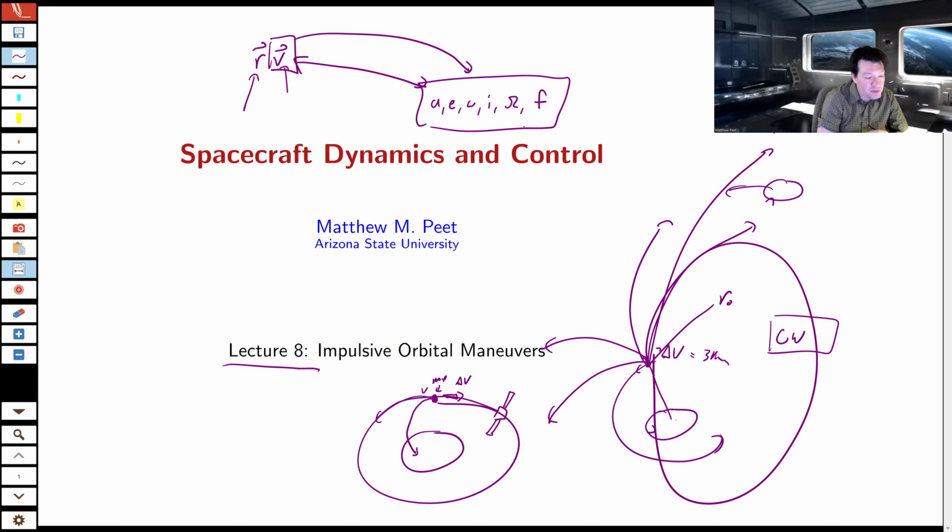We'll consider simpler subproblems, like the Hohmann transfer and Lambert's problem, when we get to lecture 10. But in general, this is a difficult, highly constrained problem, and it can only be answered efficiently in very simple circumstances.